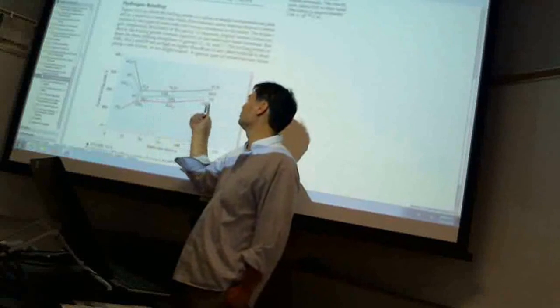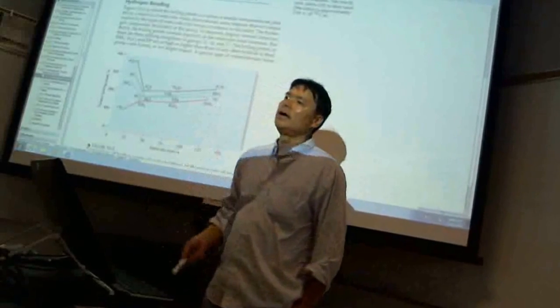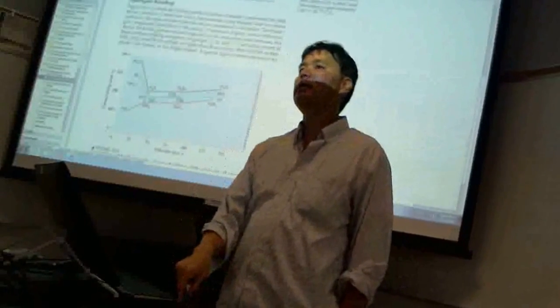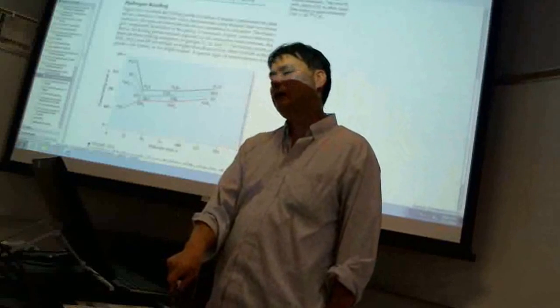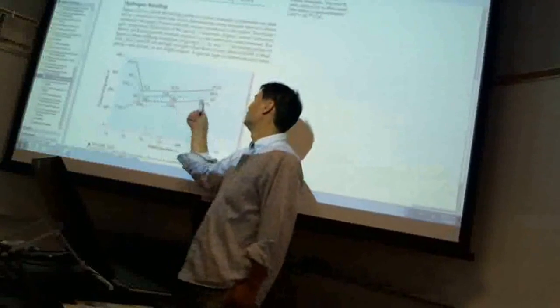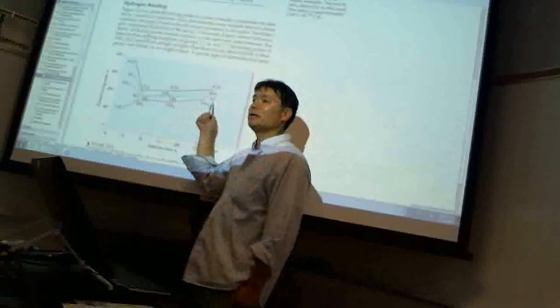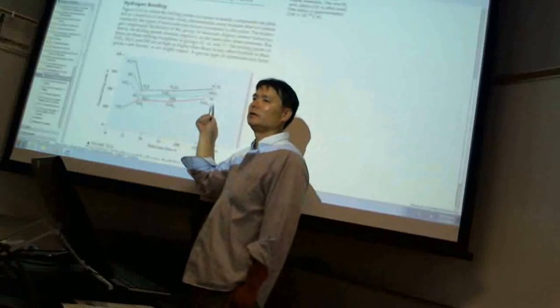Which one's more polar, HCl or HI? HCl is more polar, so HCl is going to have stronger dipole. So HCl has stronger dipole, but which one has a higher boiling point? HI because size matters, right? HI is bigger.